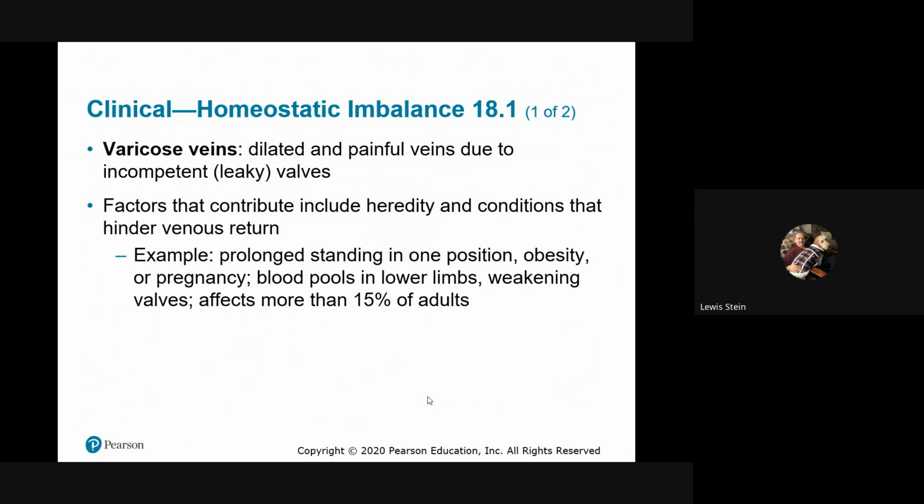When they have a DVT, or they've had a significant blockage, or maybe they're too heavy, or some trauma occurred in that extremity, effectively the system doesn't work as efficiently, and the blood will go backwards. There's so much pressure the valves won't be effective, and typically it manifests itself as varicose veins.